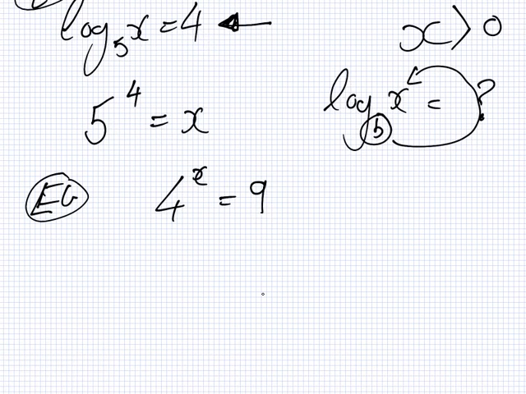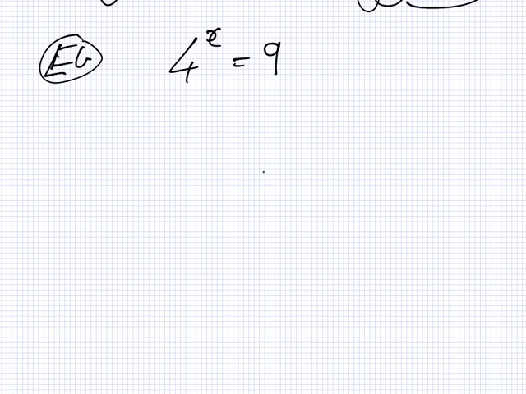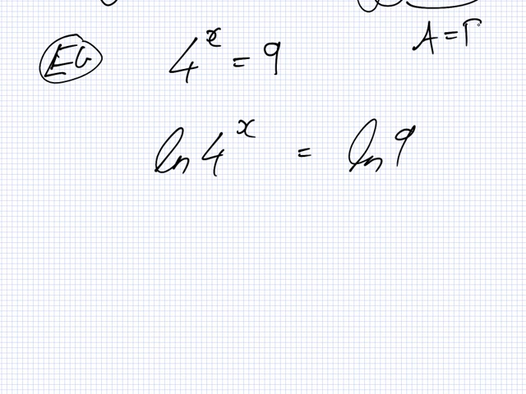But we can use logs. What we can do is put a log on both sides. We can say log of 4 to the power x equals log of 9. So basically, if you have a equals b, you can say log of a equals log of b. Did you just do ln? ln is log. Natural log, yeah.